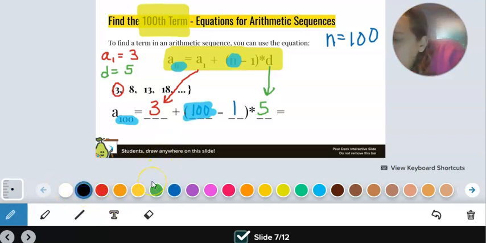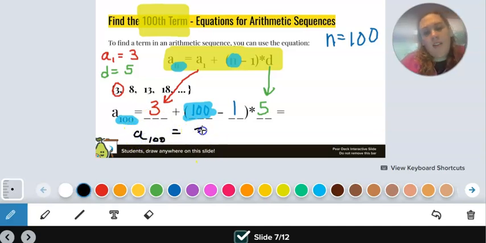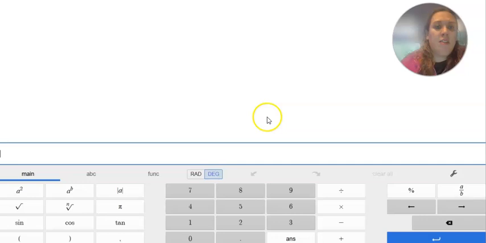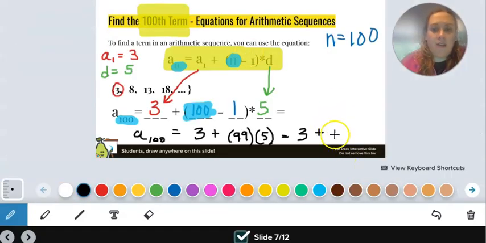So a of 100 is 3 plus 100 minus 1, which is 99, times 5. So we have 3 plus, I would go to my calculator, 99 times 5, which is 495.